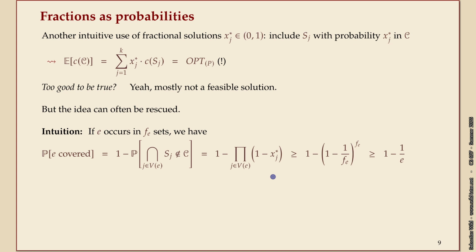Such a product is always minimized because it's kind of a convexity argument. It's minimized when you have the same value for all the x_j's. And in particular here, because they're between 0 and 1, you're using convexity and the constraint that all these have to sum to at least 1.